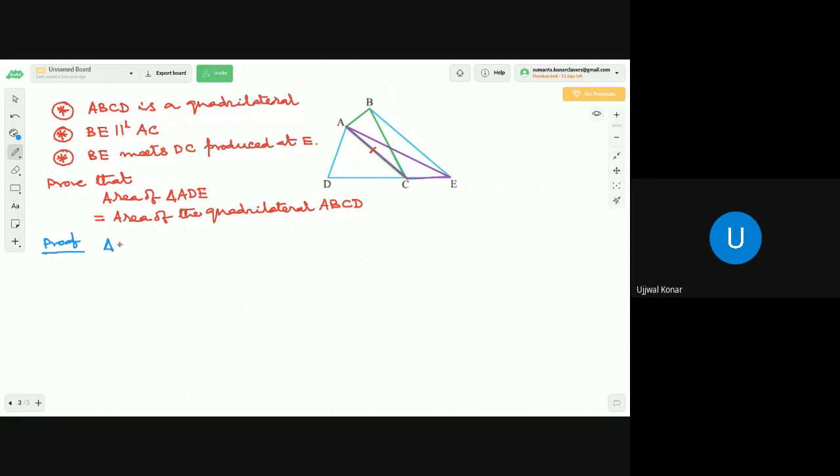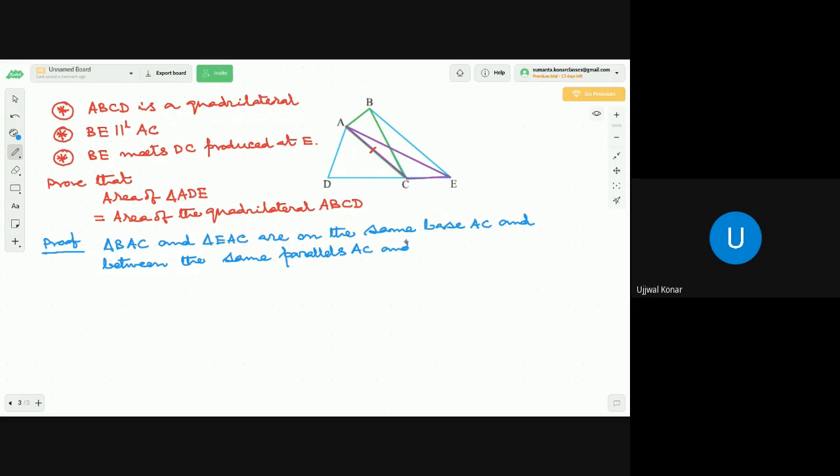Triangle BAC and triangle EAC are on the same base AC and between the same parallels AC and BE.